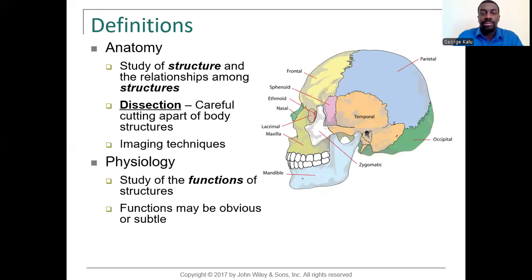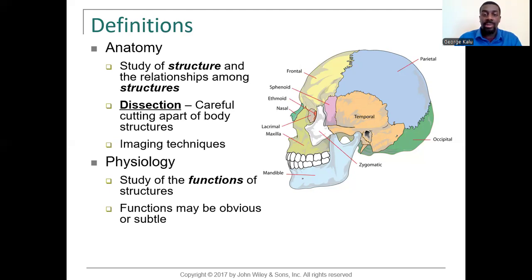So first off, we're an anatomy class, so we're going to learn what is anatomy. So anatomy is the study of the structure of different things and the relationships between those structures. Okay? And so in order to really fully understand the anatomy, we have to go through dissections.